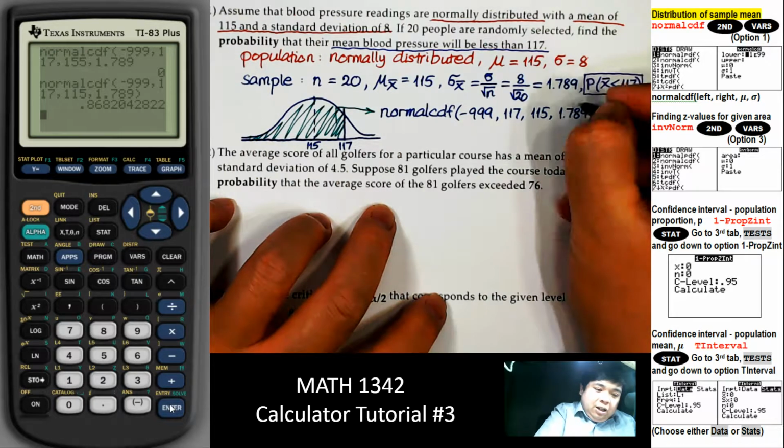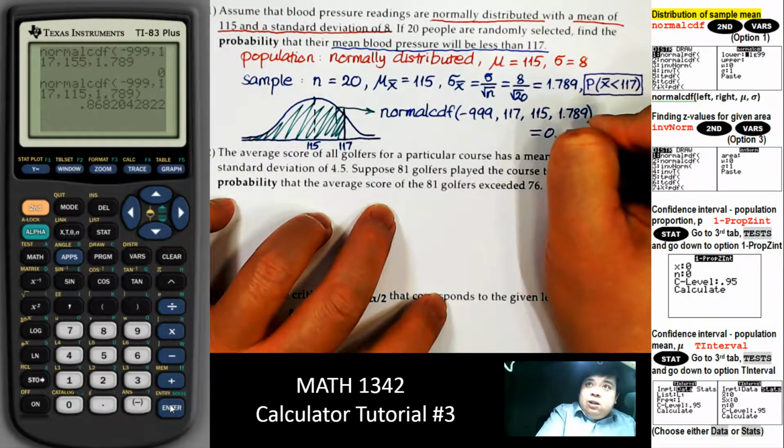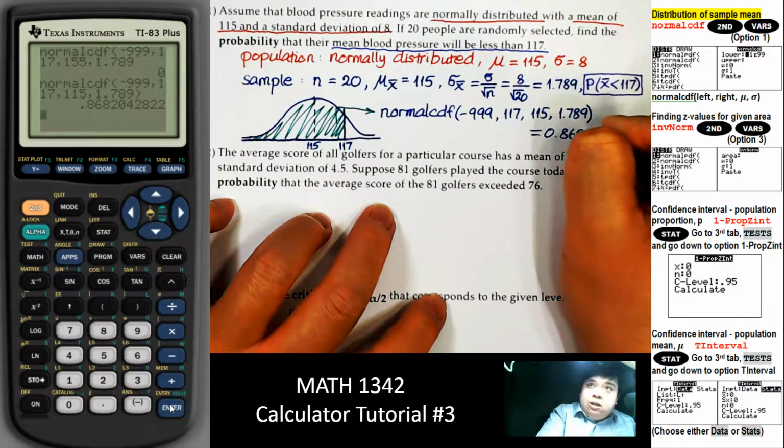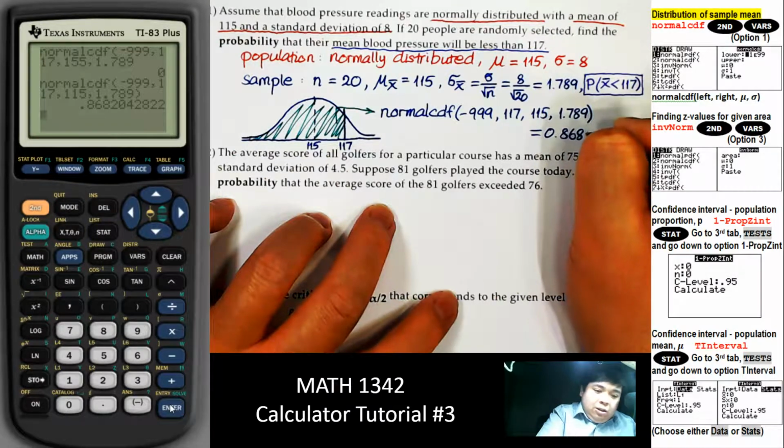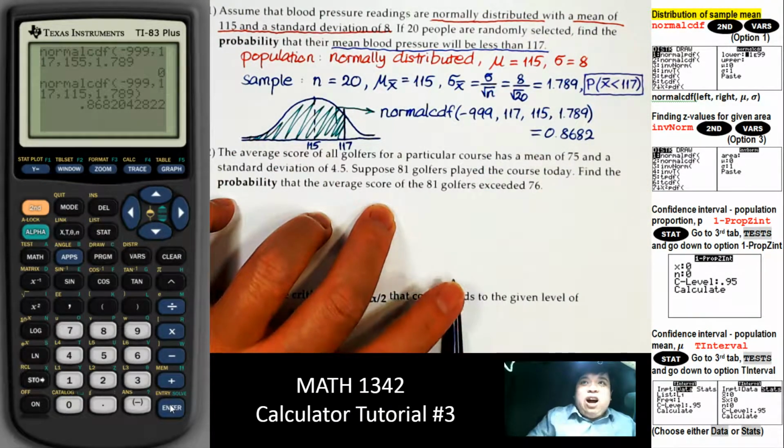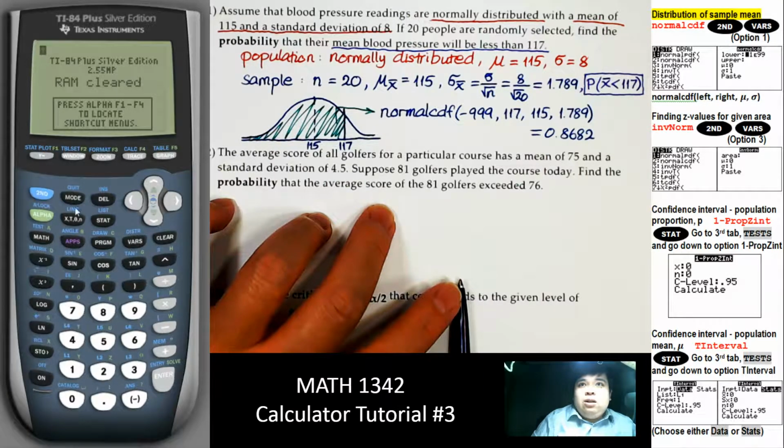So we use -999. That will probably still be the same as the other. Let me go back to the other calculator. Oops, to go from the beginning.